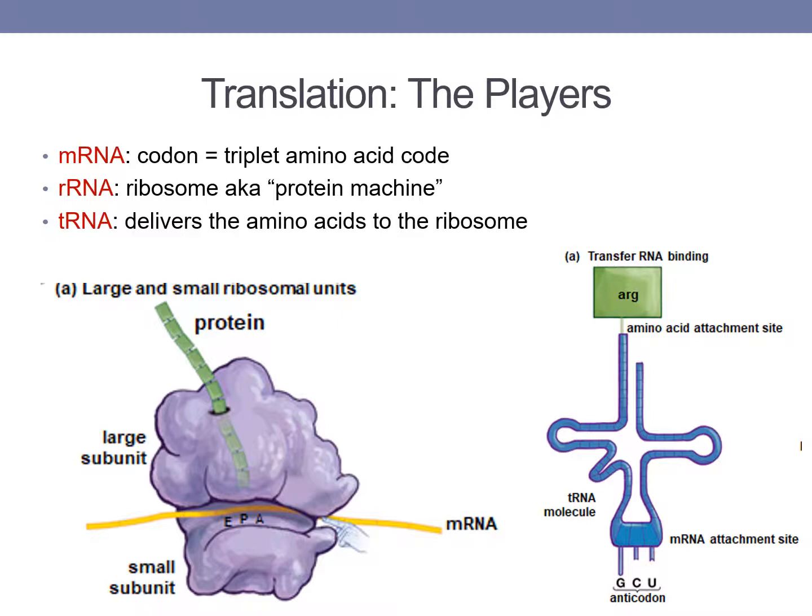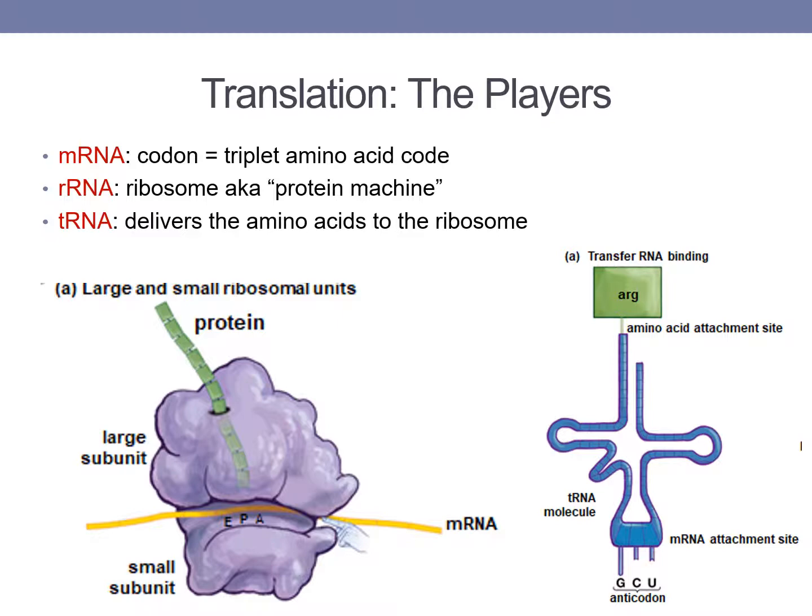Ribosomal RNA, remember, is part of the ribosome itself. The ribosome is that protein making machine, and the ribosomal RNA is incorporated in that protein. The transfer RNA is RNA that's going to deliver the amino acids to the ribosome one by one.